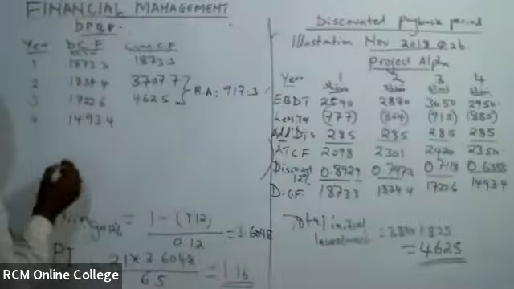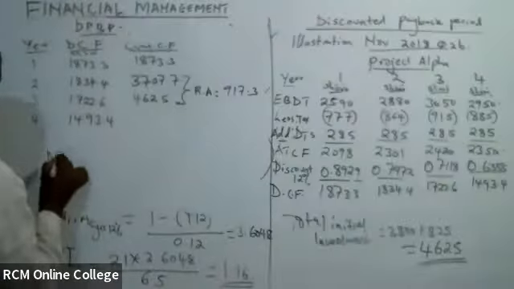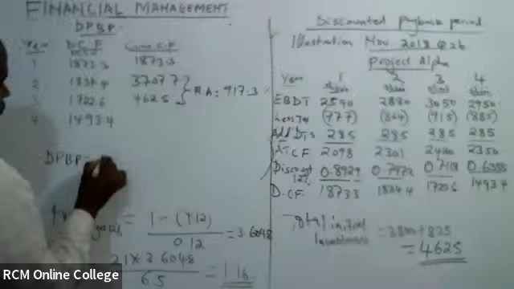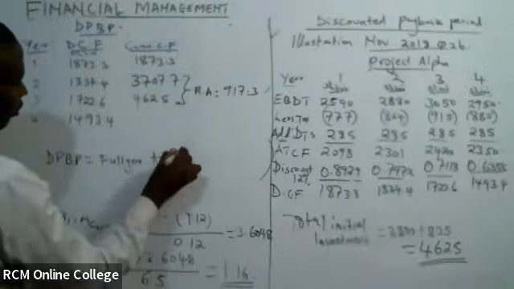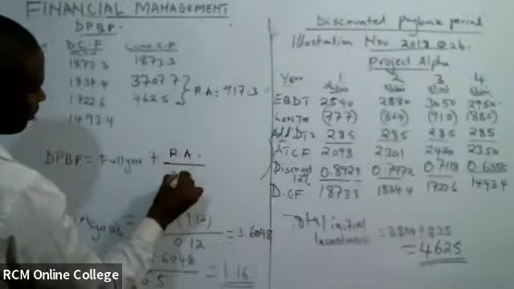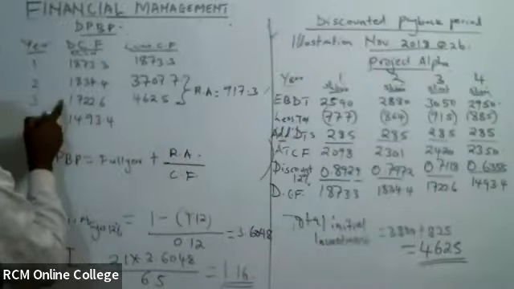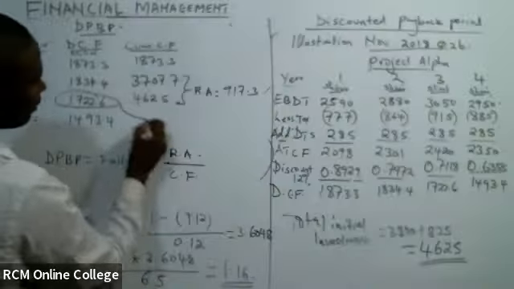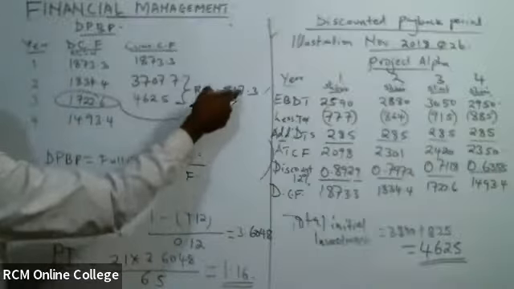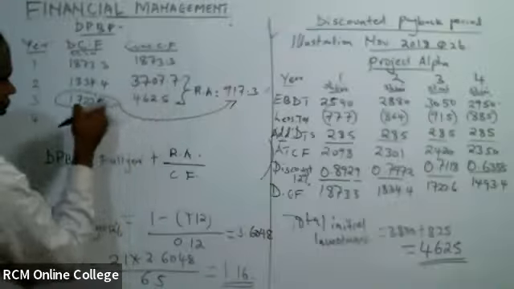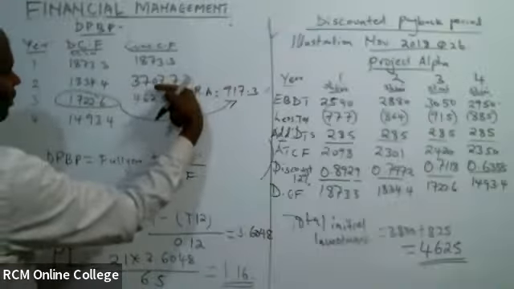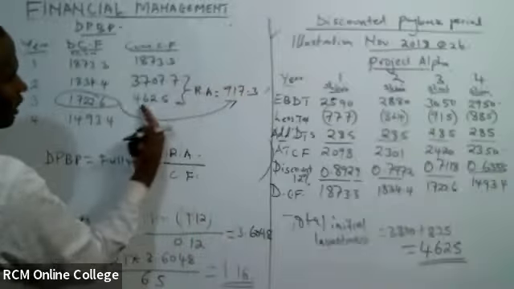I come and now use my formula to get the discounted payback period, which is the full year, I hope you remember, plus the remaining amount over the cash flow. And this cash flow is the cash flow for the year that has assisted me to get this. I see this 917 we asked for here so that we could fill in here. This 3707.7 plus this will give us this.